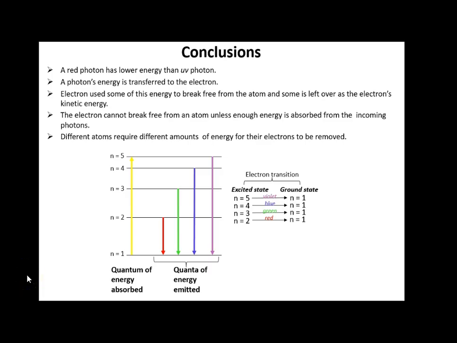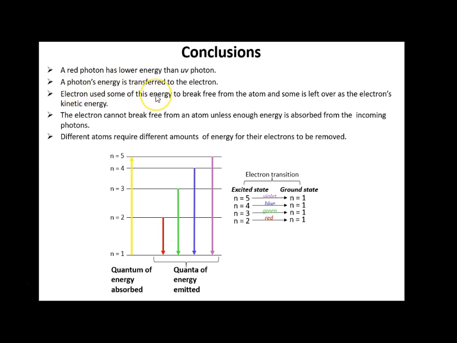So let's go over those important aspects of the photoelectric effect and come up with a series of major important points. First of all, we know that light of different colors would be able to eject electrons, but only a specific light. For example, a red photon has a lower energy than a UV photon. And a photon's energy must be transferred to the electron in order for the electron to be ejected.